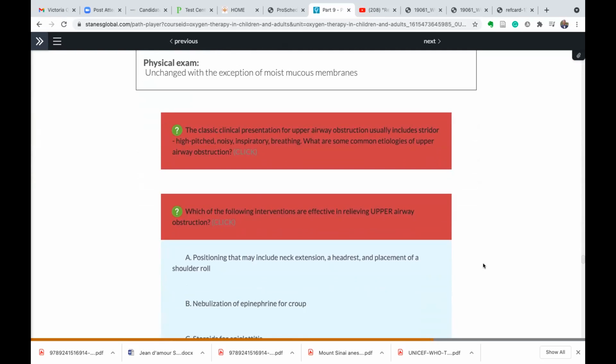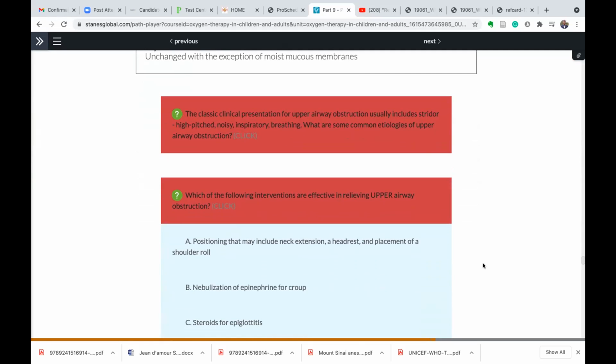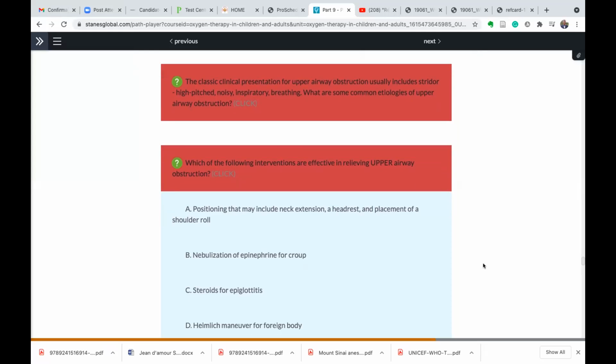So let us remember the classic clinical presentation of upper airway obstruction, which may include stridor, which is a high-pitched respiratory noise. We need to think about other etiologies of upper airway obstruction, and also interventions.